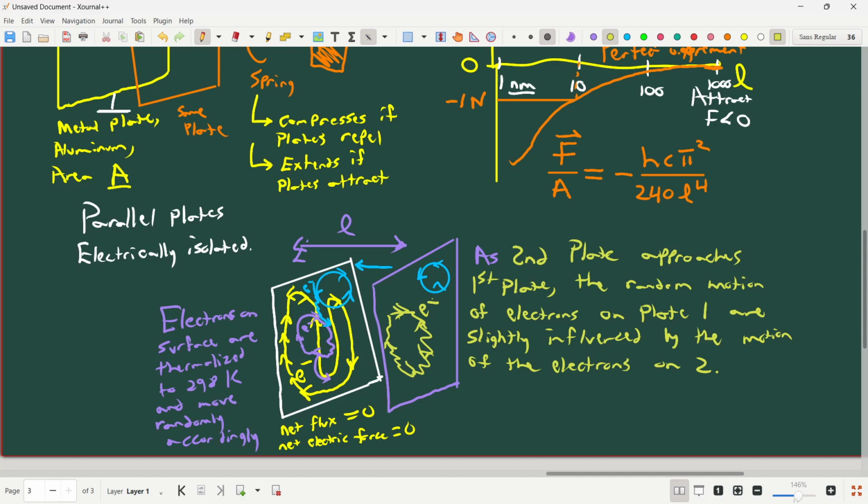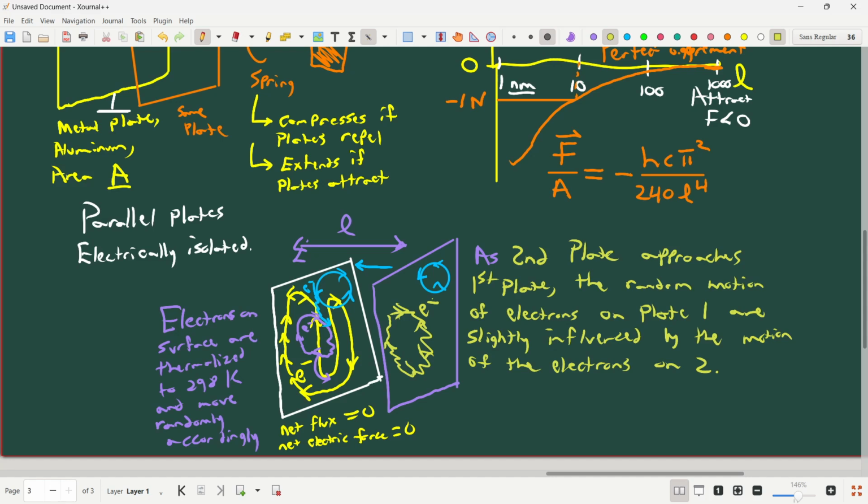So let's imagine they're both going clockwise. Maybe that's better. We have an electron going this way, and an electron going this way, and you bring the plates together. As this electron moves in its loop, this other one is moving coincidentally with it, and they want to repel each other.